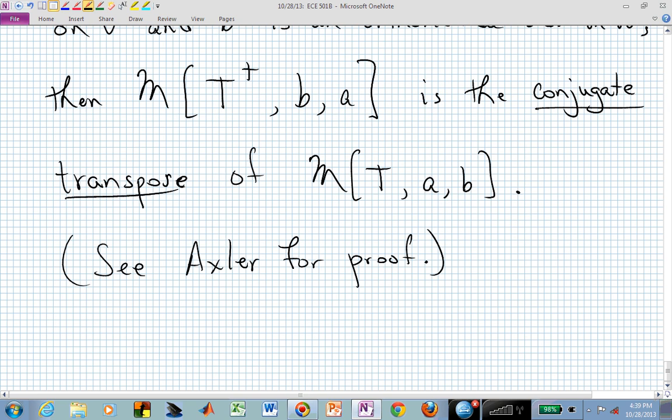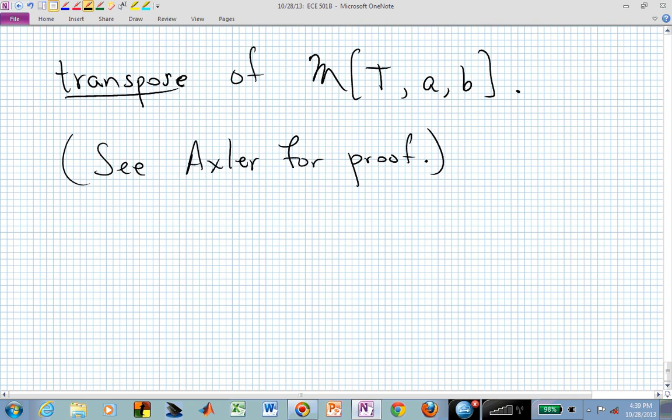What I want to do is play with or introduce some examples. But before we do that, we can just state what we mean by the conjugate transpose of a matrix.